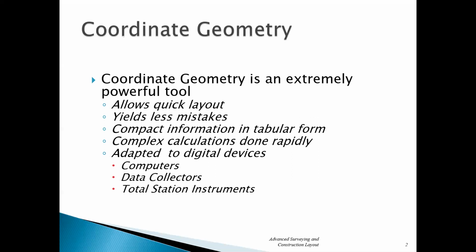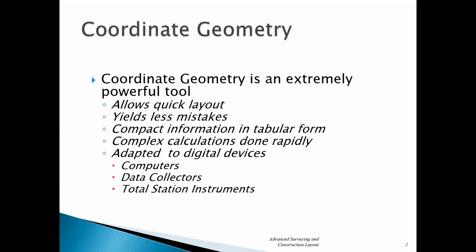But by having that tabular form, I can calculate anything I want. So if I need a distance between point 1 and point 50, I can calculate it. I don't have to have a diagram that has all this stuff on there. So that's why they put it in that tab form. And if it's downloaded into a working controller, like a data collector or something, then all that information is there. You don't even have to type it in.